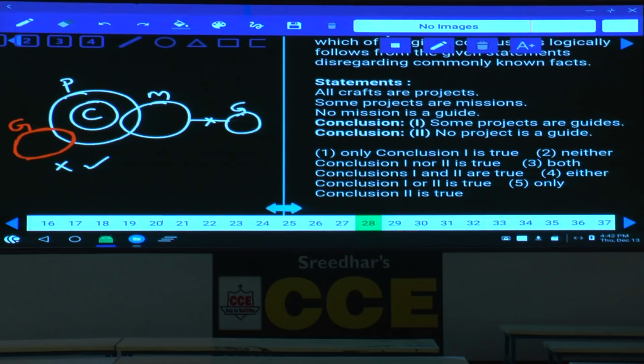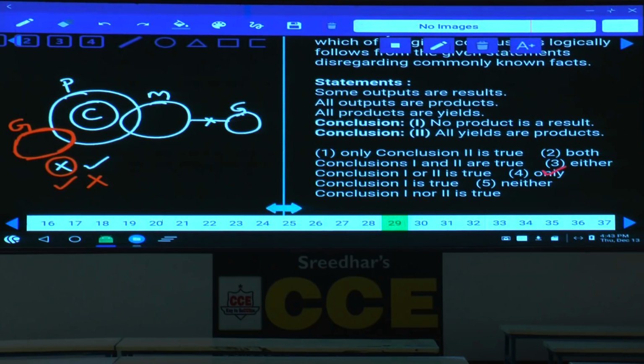Now if you write down like this, the alternate diagram is proven, and the previous conclusion will be false. After making the previous conclusion false, we should check the affirmative conclusion which was false earlier in the basic diagram. That is, some projects are guides. Now some projects are guides has become true. Then what is your answer here? When the first one is false, the second is true; when the second is false, the first is true. Hence either 1 or 2, that is choice 4 is the answer.